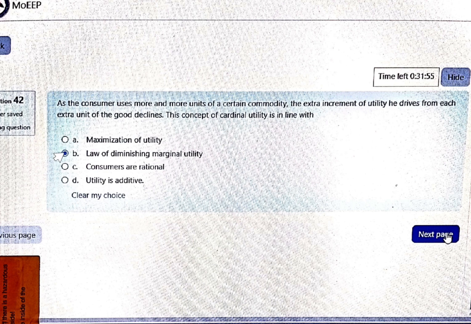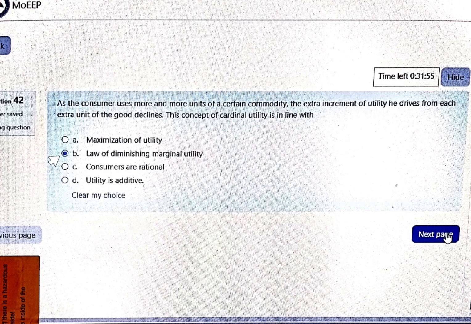Why? Because the statement says as a consumer consumes more units of a good, the extra or additional utility from each extra unit declines. This is exactly the definition of the law of diminishing marginal utility.